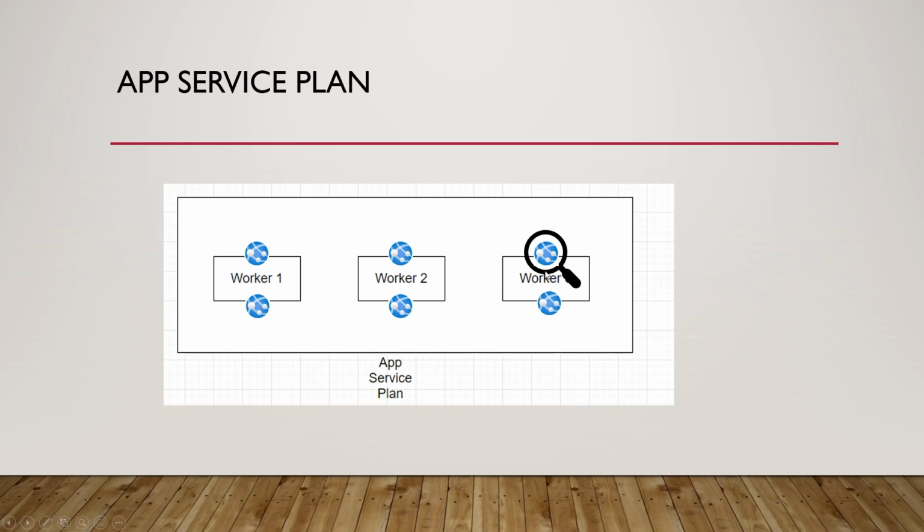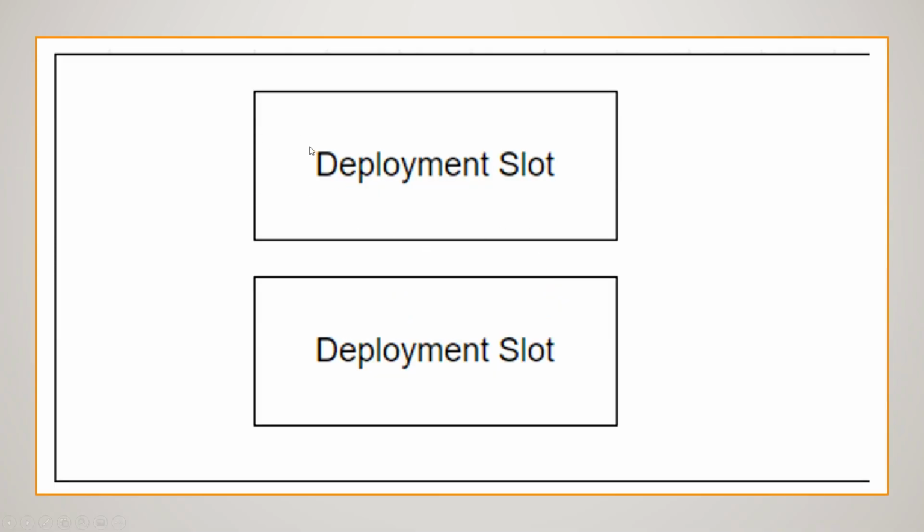Now, if you zoom into a specific App Service resource or a web application, this is where your application actually runs. So this is what we call a sandbox or a deployment slot, and this is exactly where the application runs. So if you zoom into a specific App Service resource, it runs in what is called a deployment slot.